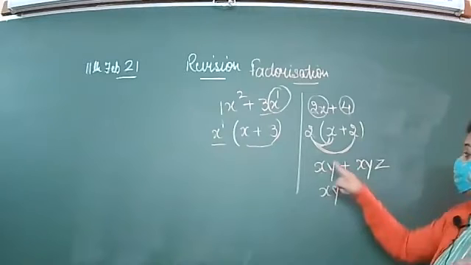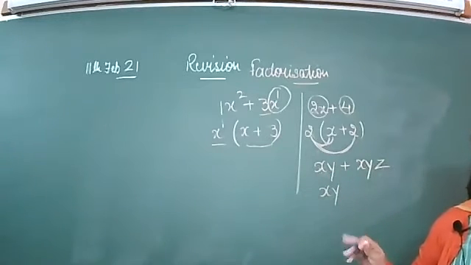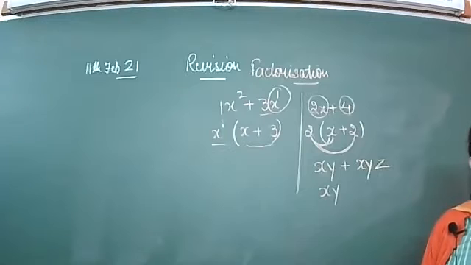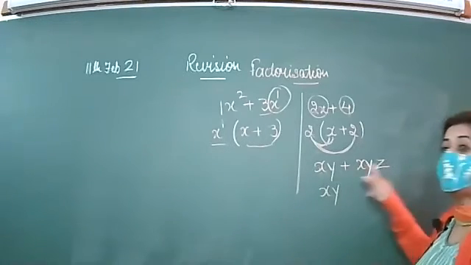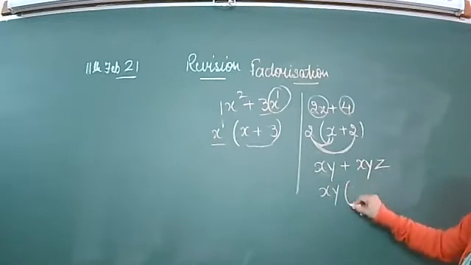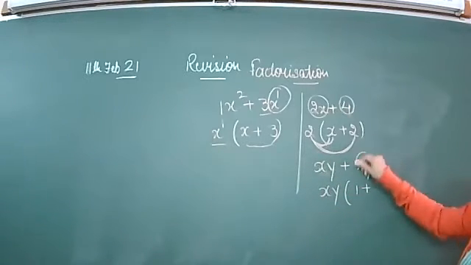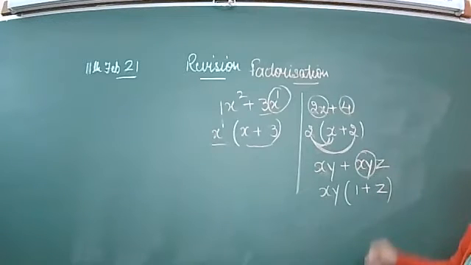This has x, this also has x, so x is a factor. This has y, this also has y, so y is a factor. But when you combine these factors, xy is the greatest common factor, or you can say highest common factor, of these two terms. Got it? So take xy common. 1 plus, you have taken this common, what is left? Z.